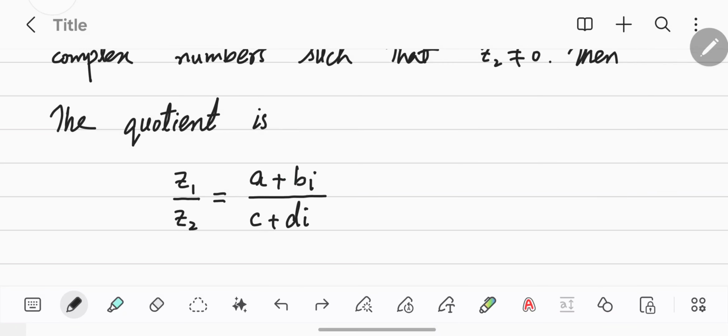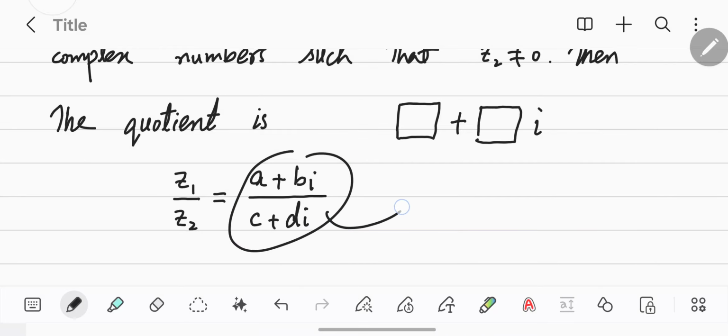But the quotient must be a complex number, and this is not the standard form of a complex number. The standard form is something plus some other thing times iota. But this is not in this form.